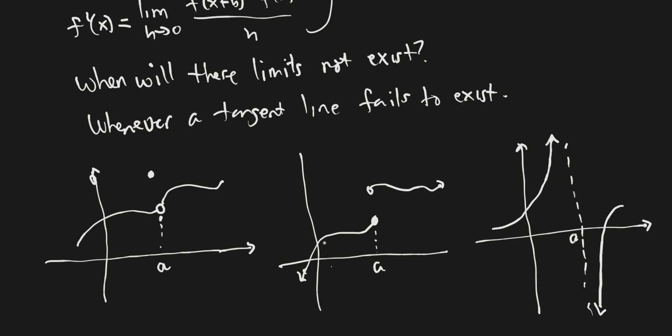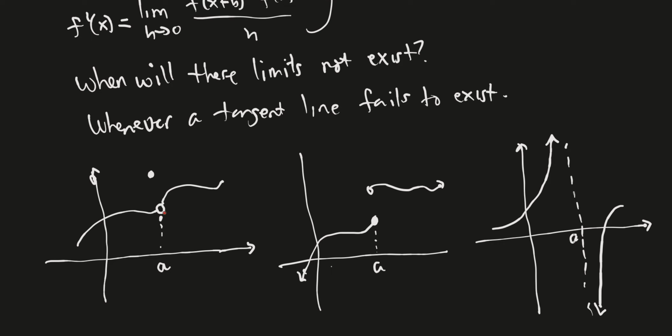All right. So for these 3 types of functions, if I were to say to you, draw the tangent line at x equals a, that would be impossible to do, right? Impossible, or it would be like not a well-defined set of instructions.